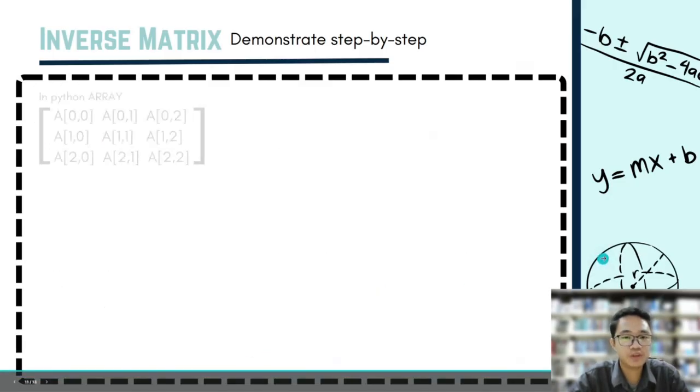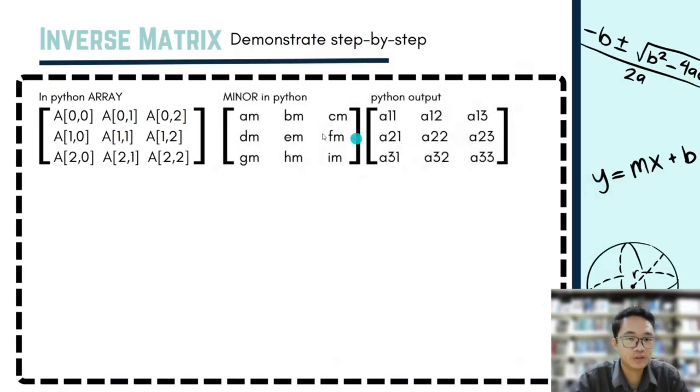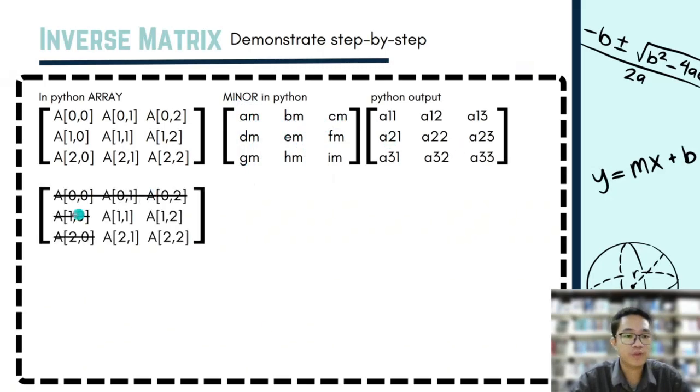So the third step is to find out the minor. As you can see, the minor in Python is declared as AM, BM, CM, DM, EM, FM. The formula is, if you want to find the element for the AM, you need to cross out the horizontal and vertical line for this.